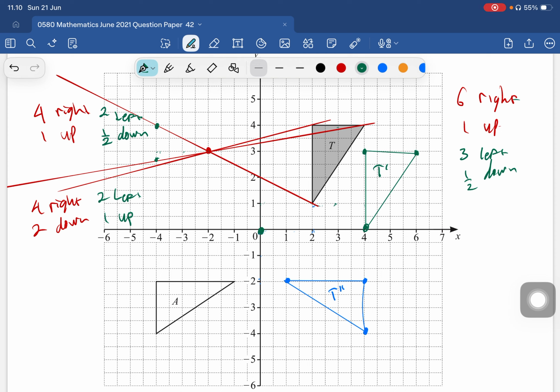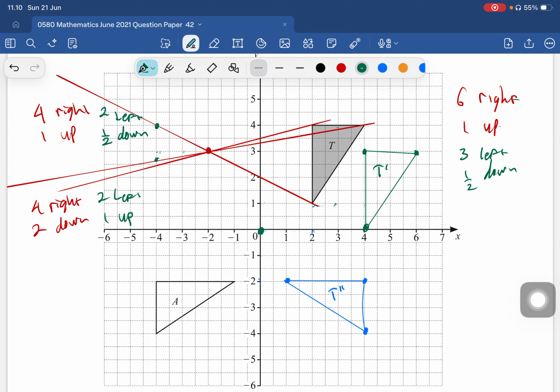So here it is, 3 left, 1, 2, 3, and a half down. Okay, you can just connect it. Okay, here is after the enlargement by negative 1/2 with the center of (-2, 3).